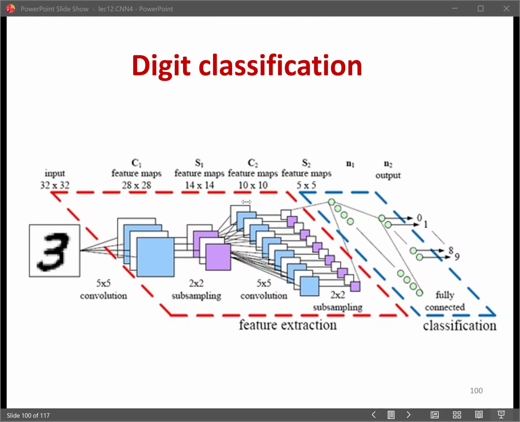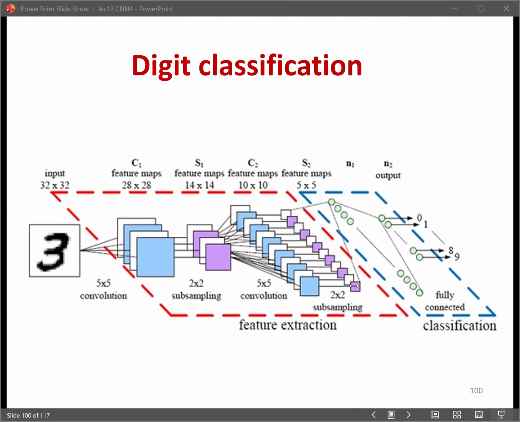Then he had 10 filters, each of size 5 cross 5. Because the filters are size 5 cross 5, you lose 4 rows and 4 columns. The outputs were 12 10 cross 10 maps.